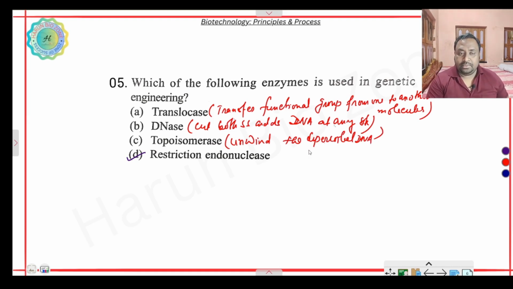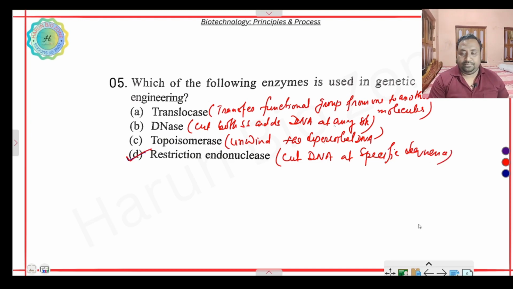And restriction endonuclease cuts DNA at a specific site, at a specific sequence. Here the correct option is D.